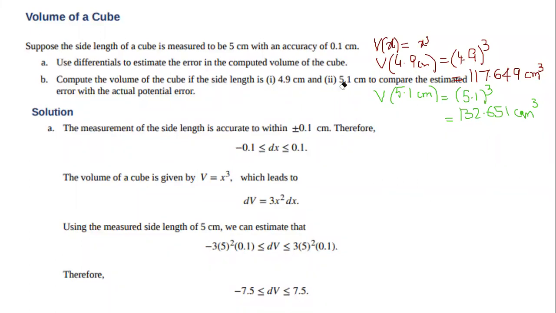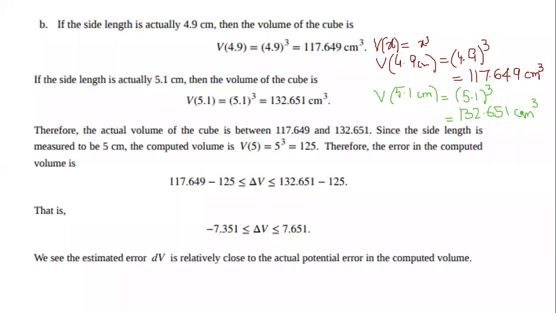Now I compare the estimated error with the actual potential error. So I have to write that the actual volume of the cube is between these two values, that is 117.649 and this one. So this is the lower limit, and this value is the upper limit.